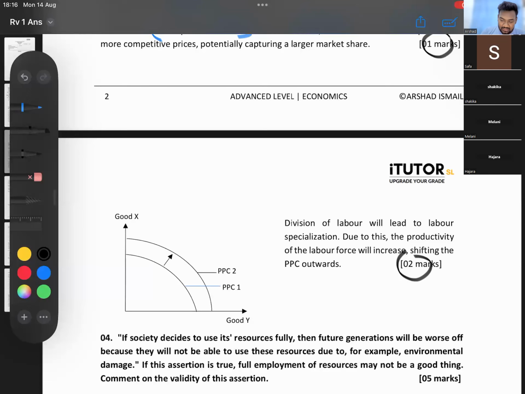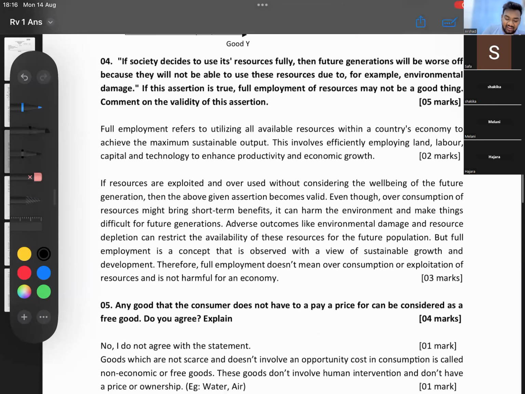Okay, done. Now the next question. This is also an interesting one. Question number 4 says, if the society uses its resources fully, then future generations will be worse off because they will not be able to use the resources due to, for example, environmental damage.